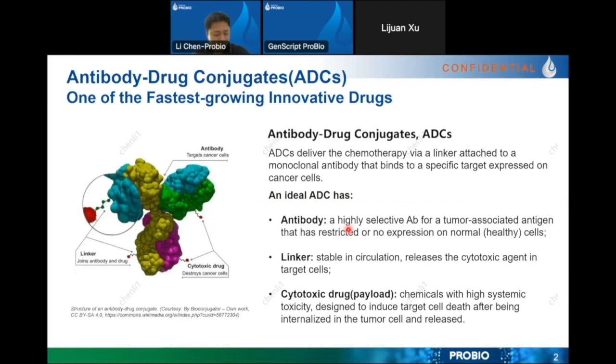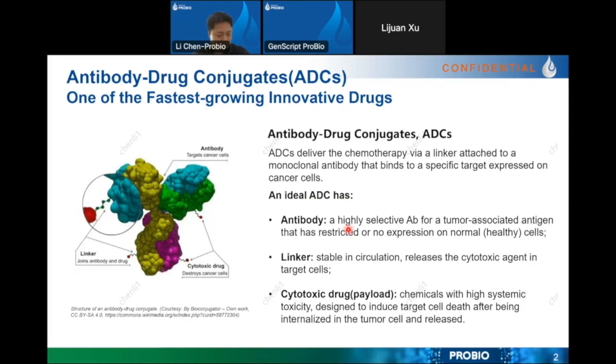The payload is a chemical compound with high systemic toxicity designed to induce target cell death after being internalized into the tumor cell and released. When you put these three pieces together, it can guide the toxin to tumor tissues and kill the cancer cells.